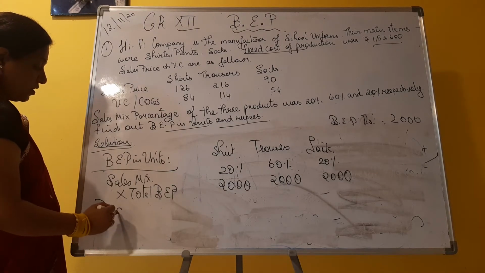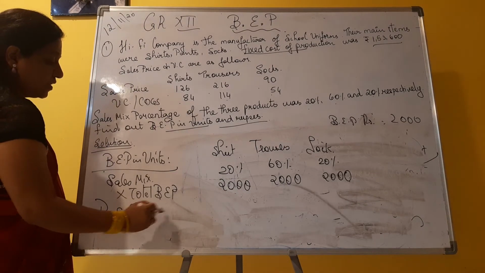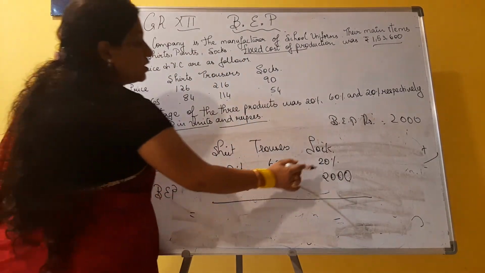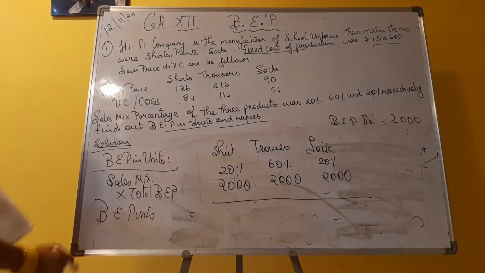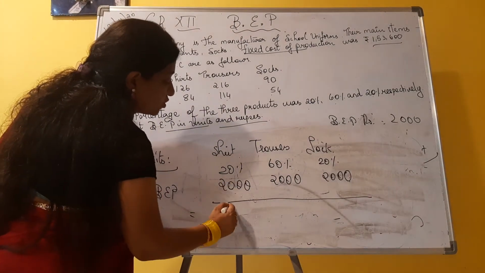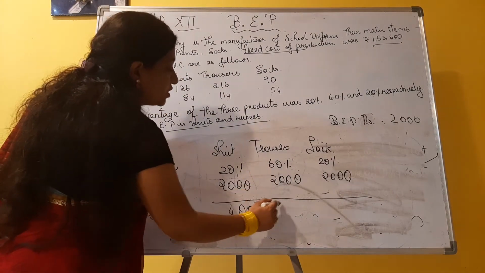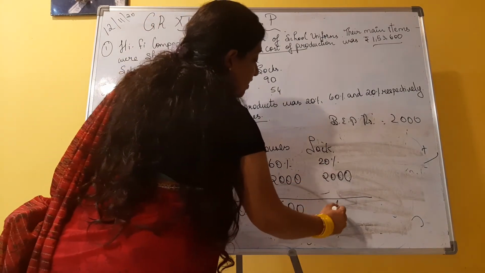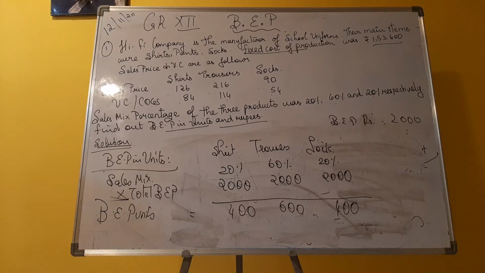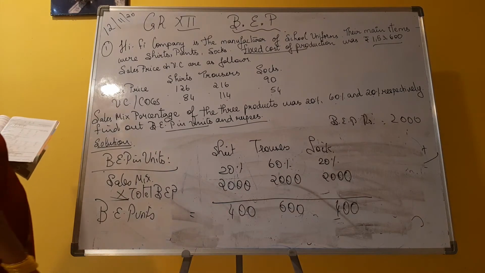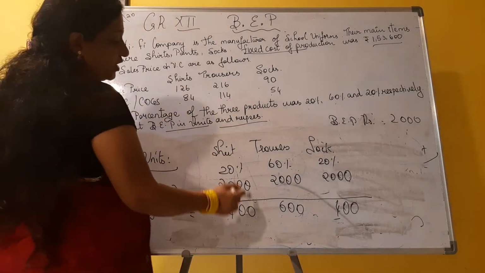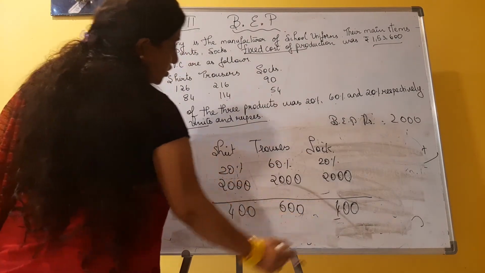BEP in units is nothing but 2000 into 20%, 60% into 2000, 20% into 2000. You arrive at 2000 into 20% is 400, 2000 into 60% is 1200, and again 400. So break-even point in rupees is product break-even point into price per unit, individually for shirt, trouser and socks.